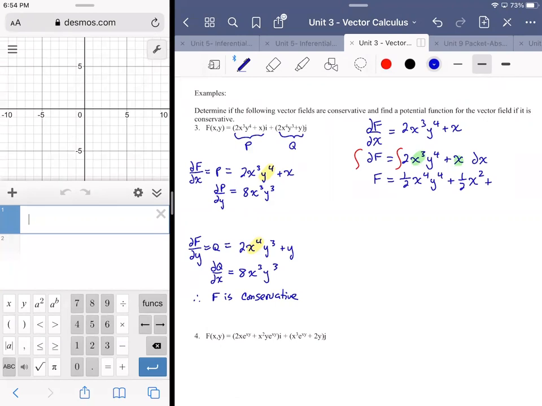So that function would be some function of y. We don't know what that function would be, but it doesn't necessarily have to be a simple constant. It could be a function. We learned that towards the end of the last unit. All right. So now what?